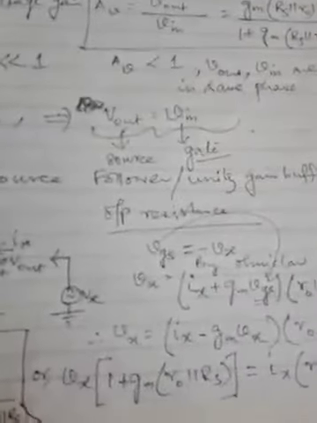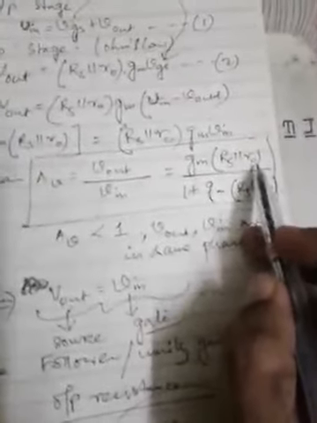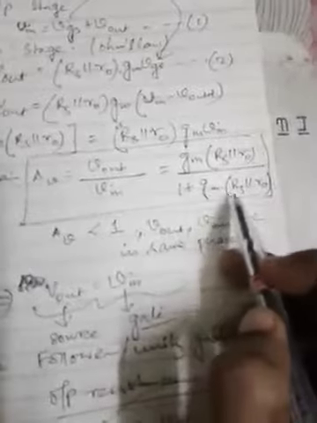Now we have calculated Rout and we have calculated AV. We know both equations. If we correlate these two equations, this is the expression for AV, which is Rs parallel with Ro divided by 1 plus gm Rs parallel with Ro.